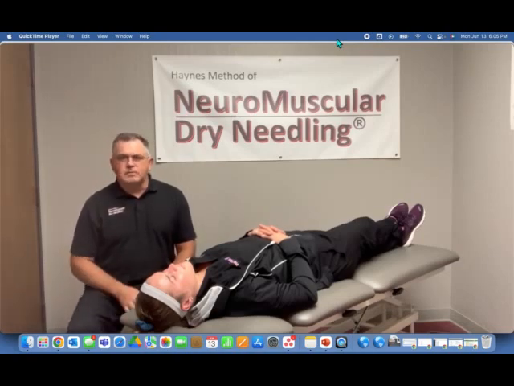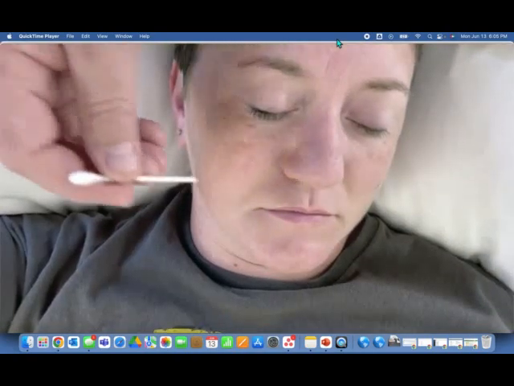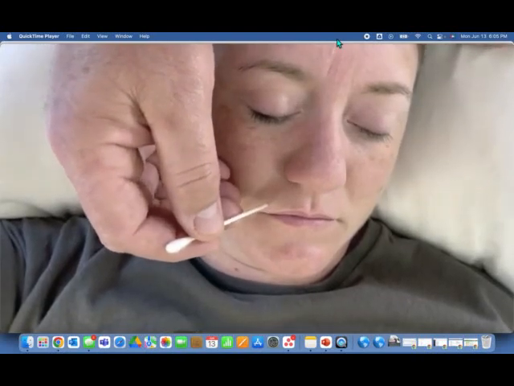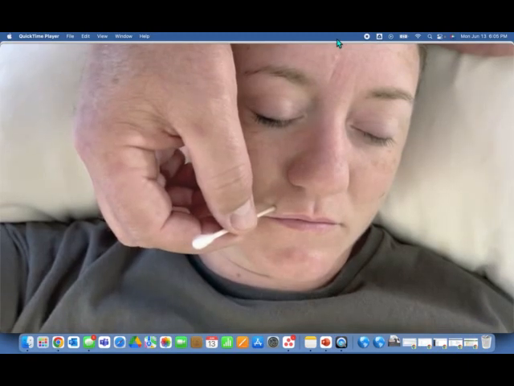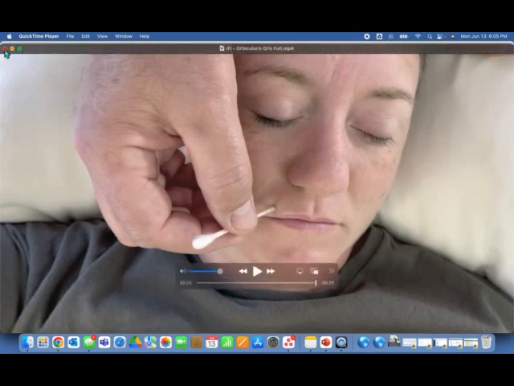This is a superficial muscle. Again, similar to the orbicularis oculi, the orbicularis oris could be needled from a medial to lateral direction as opposed to a direct approach that we've demonstrated here. But that can be looked at in lab as well.